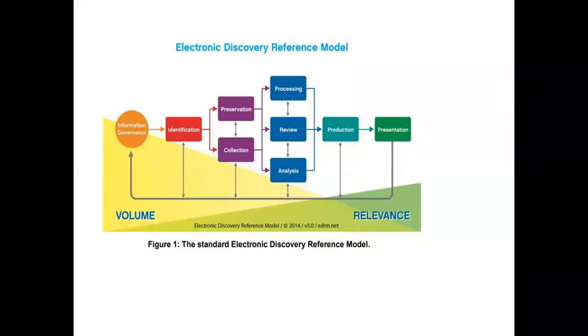Actually, I told you that first we will start with information governance, meaning information gathering. Next, we will identify what the case is. Is it a civil case or a criminal case? What is the problem with this case? What happened?